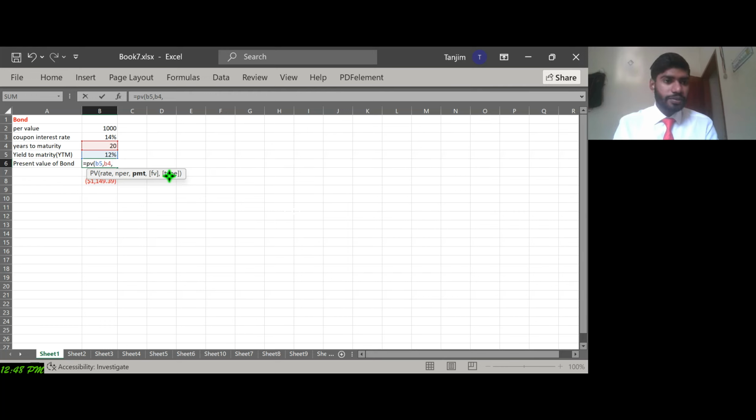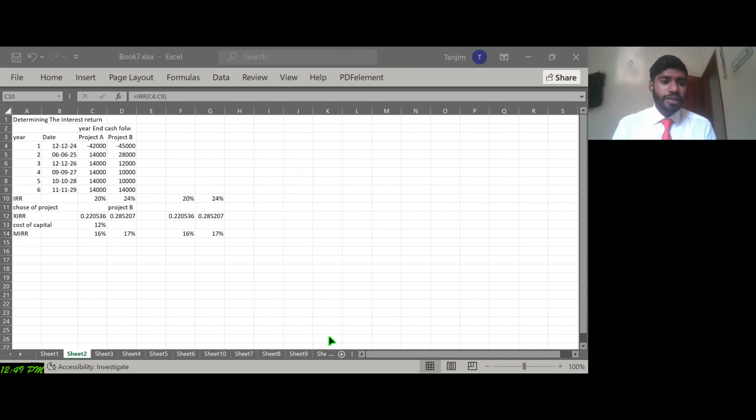Here the payment is B3 into B2, B3 into B2. It's the formula of the payment, and comma and the FV. Here the present value is B2, so press B2 and then press enter, and we can see that 1149 something is the present value of this bond.